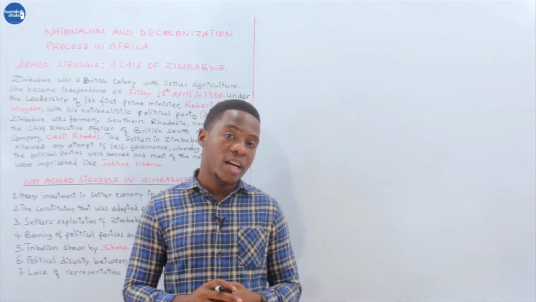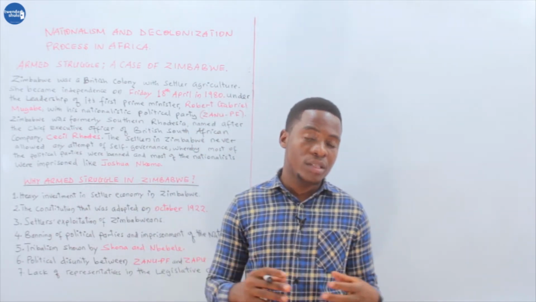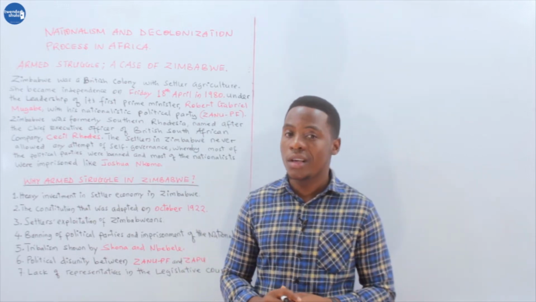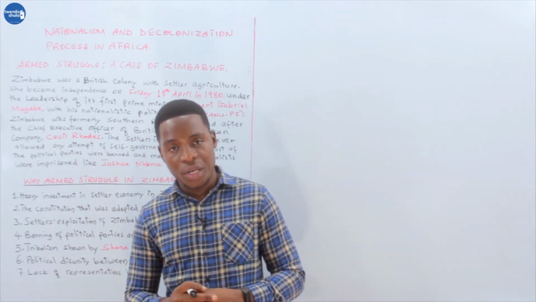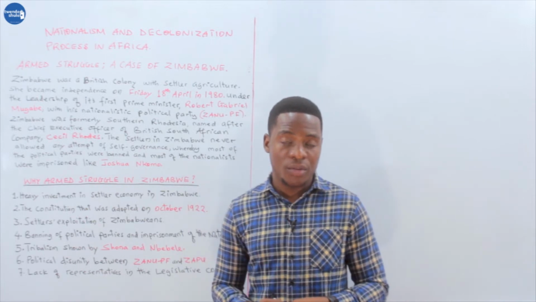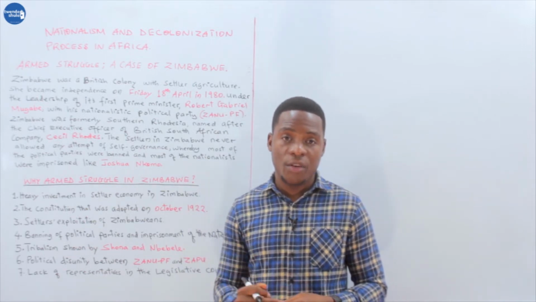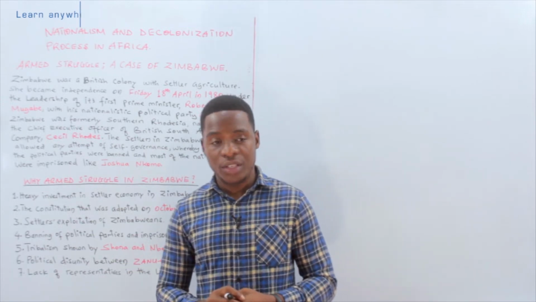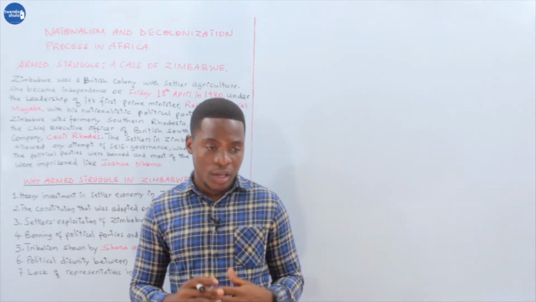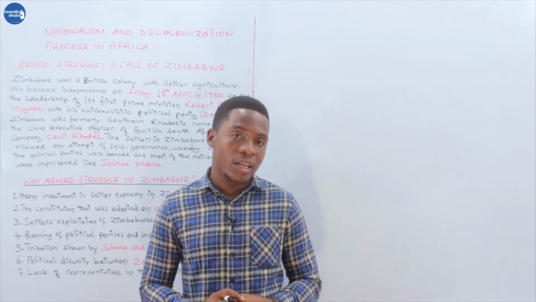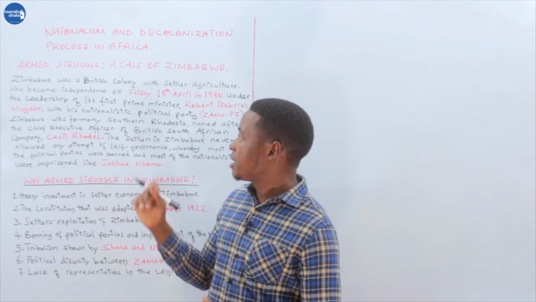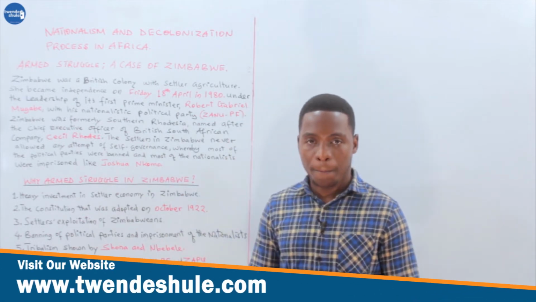The fourth is the combination of peaceful constitutional means with armed struggle. A good example was South Africa, which, after the failure of peaceful means, decided to shift to armed struggle. Therefore, today we are going to discuss armed struggle, a case of Zimbabwe.